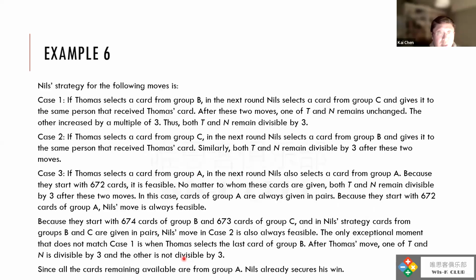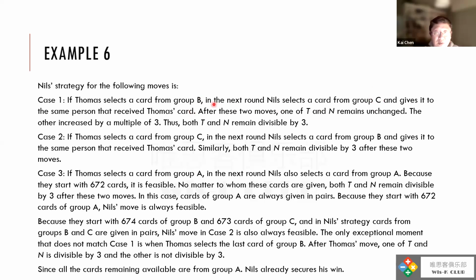It's Thomas's turn. Of course, he can select A, B or C cards, and then we see Niels' strategy according to what Thomas selects. If Thomas selects a card from B, meaning remainder 1 when divided by 3, then Niels selects C and gives it to the same person that received Thomas's card, so the sum of the two cards is a multiple of 3, because one remainder is 1 and the other is 2.